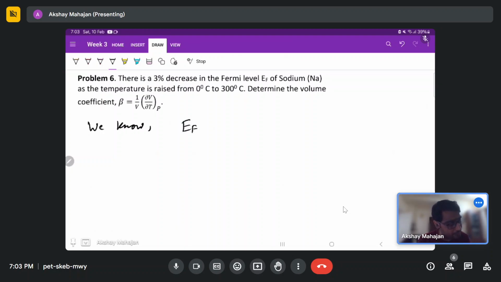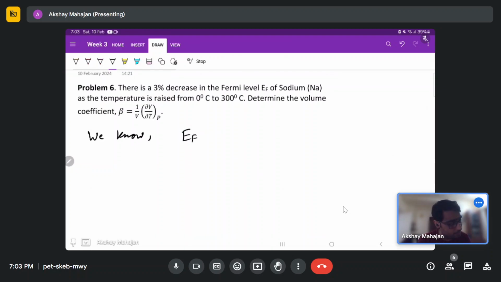For the 3D case, we know that the Fermi energy is given by h square kF square by 2m, and kF will be directly proportional to n to the power 1 by 3. So EF will be directly proportional to n to the power 2 by 3, where n is the number of electrons per unit volume.